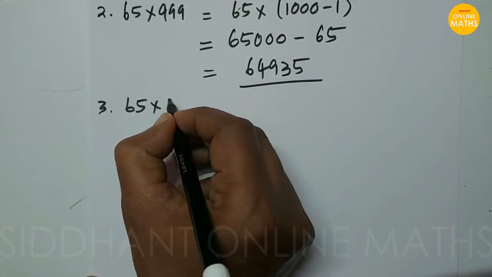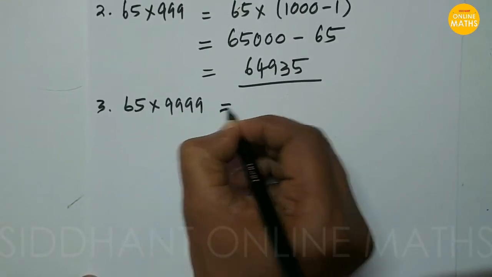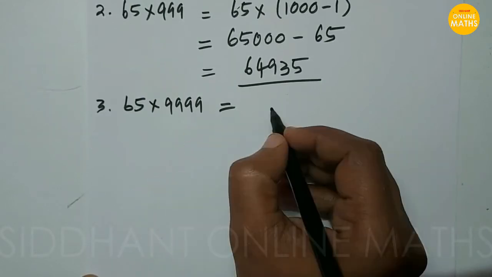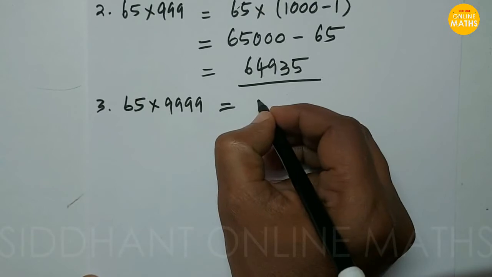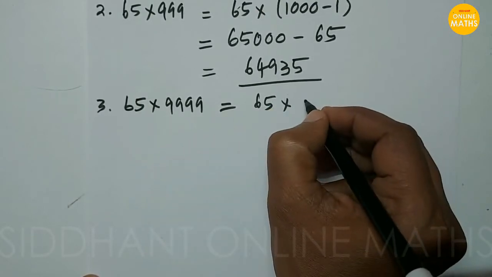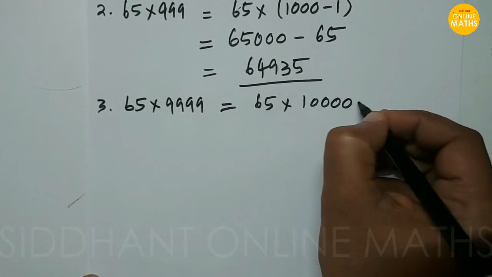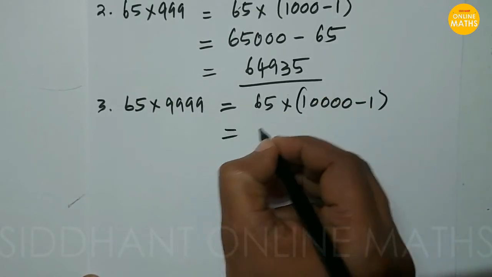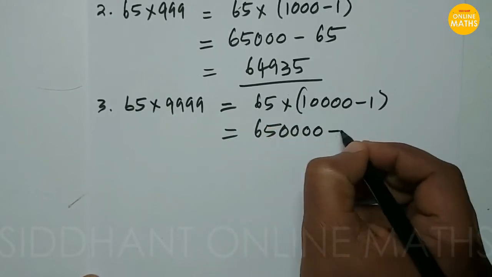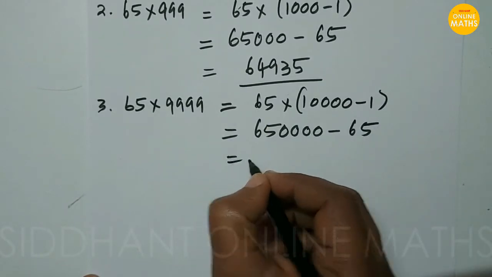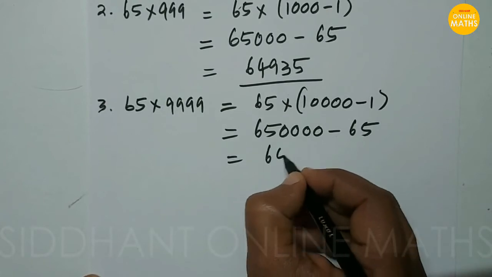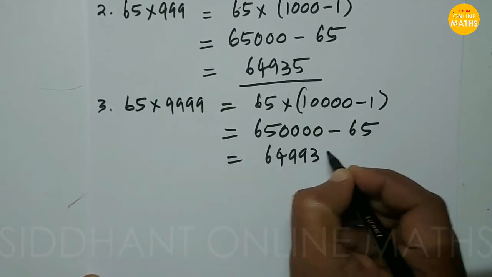So 65 into 9999. So we have to convert here this 9999 into 10,000 minus 1. So here 65 into this 9999 can be written as 10,000 minus 1. So now you see it can be written as 65 and 4 zeros minus 65. So now it is easy to subtract and we get 649935.